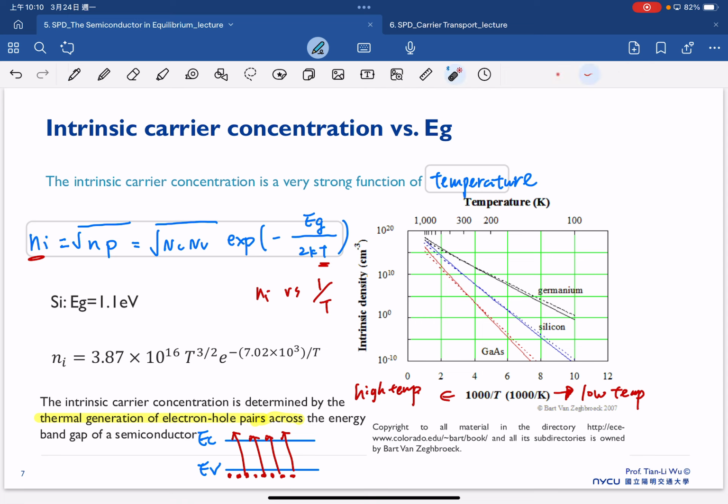This also means that at high temperature this phenomenon gets more obvious, which is why you have a higher intrinsic carrier concentration. So the higher temperature means your Ni is increased, and when Ni increases, you have more electron hole pairs across the band gap.